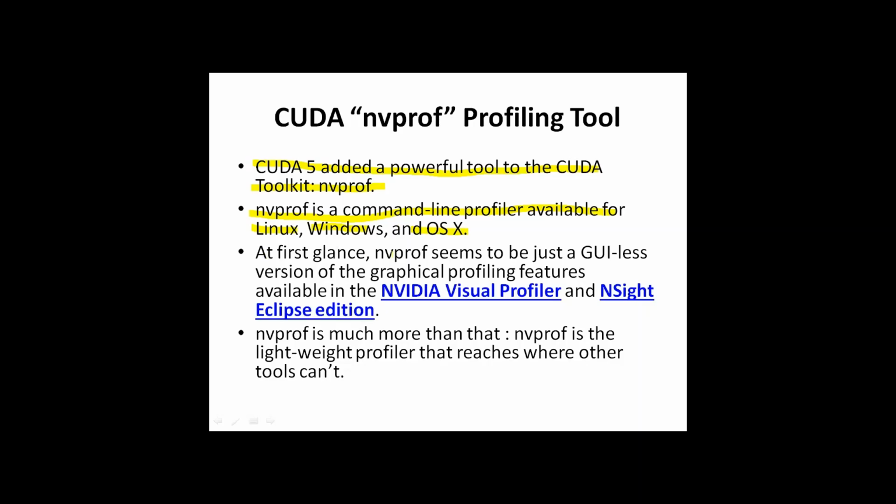At first instance, from the command line profiler, we just get the idea that it is just a GUI-less version of the graphical profiling features which are available in the NVIDIA Visual Profiler, that is the Visual Profiler provided by NVIDIA, and in Nsight Eclipse Edition.